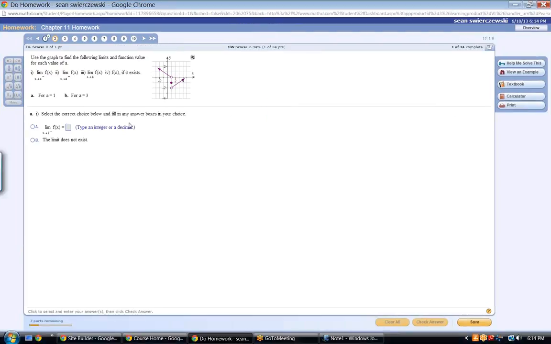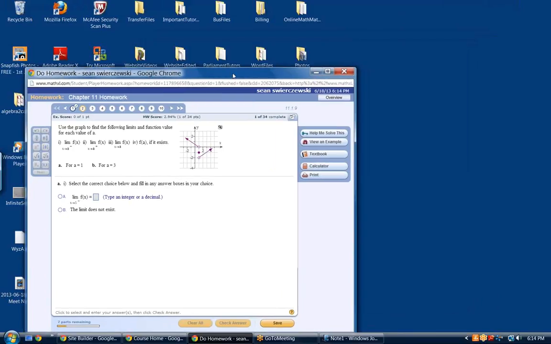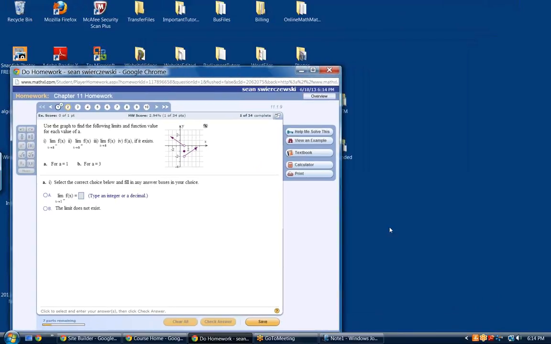Is there a way for me to blow this up? I'm not sure. I'm only getting like the very bottom right of the actual problem. Okay. Is that better? Yeah, that is. Okay, I'll leave it like that because it didn't accomplish what I was trying to accomplish, which was to make this bigger. Can you read this okay? If you slide it to the right. Slide what to the right? The whole window. Ah.